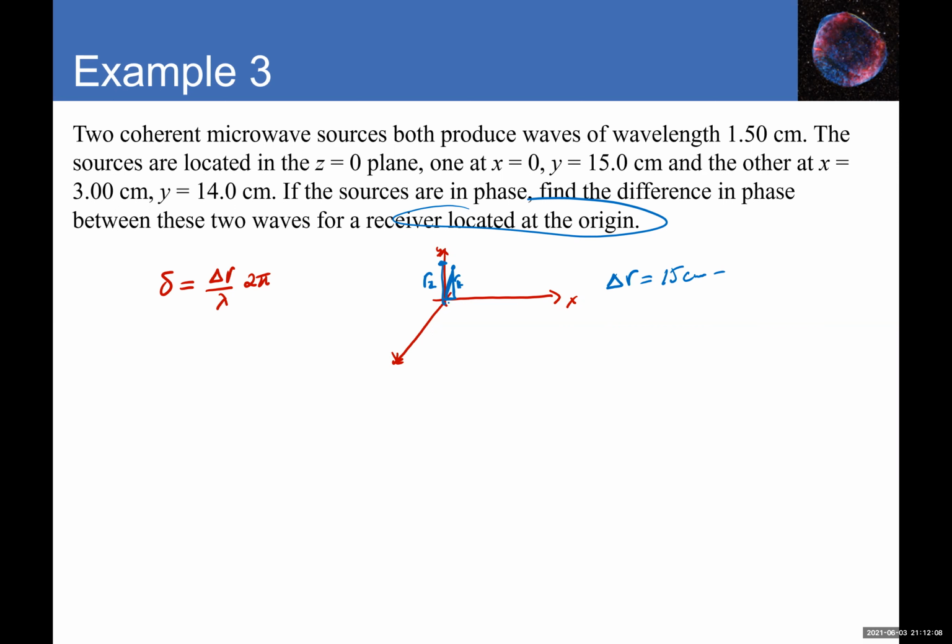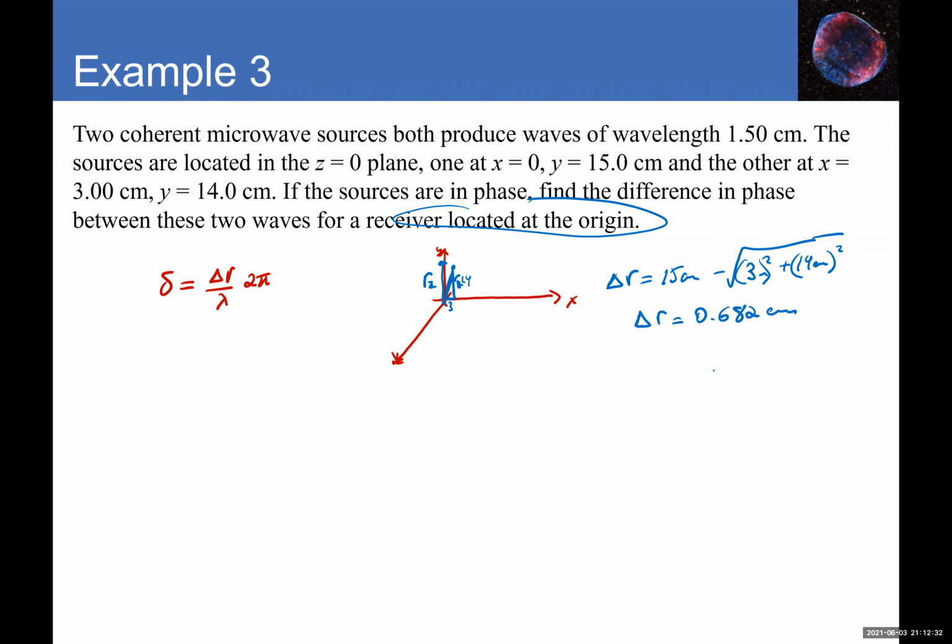Since this side is 3 centimeters and this is 14 centimeters, that's the square root of 3 centimeters squared plus 14 centimeters squared, using the Pythagorean theorem. Then we find the difference, so delta R equals 0.682 centimeters.